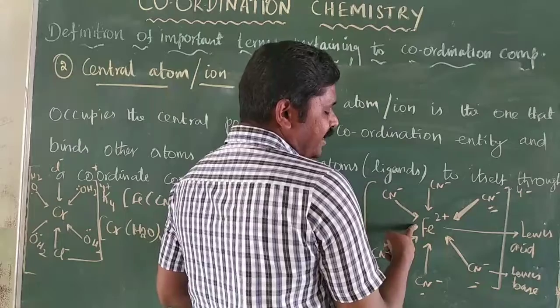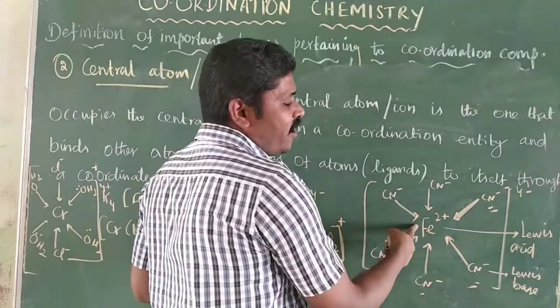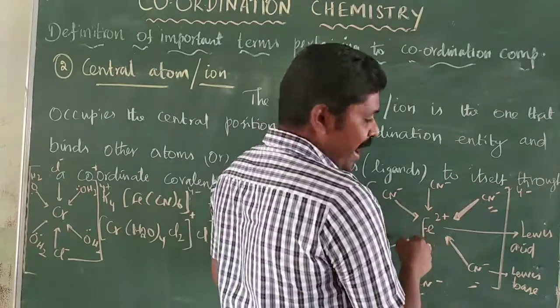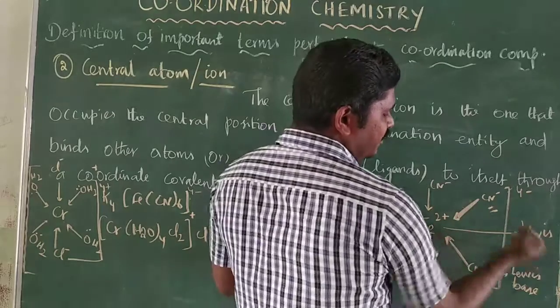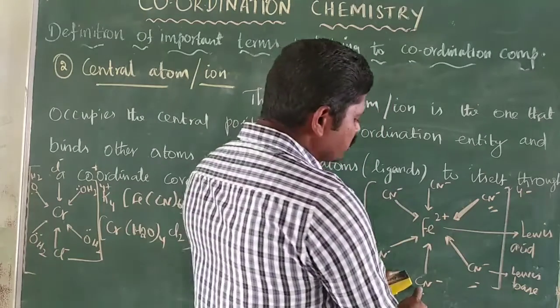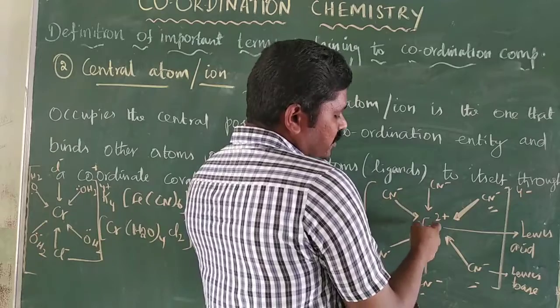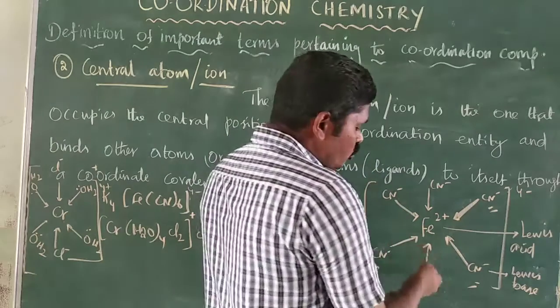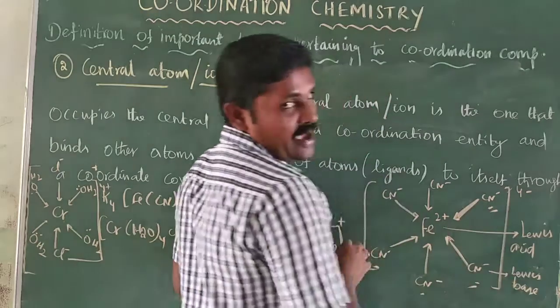Ligands donate electron pairs to the central metal atom, so they are Lewis bases.